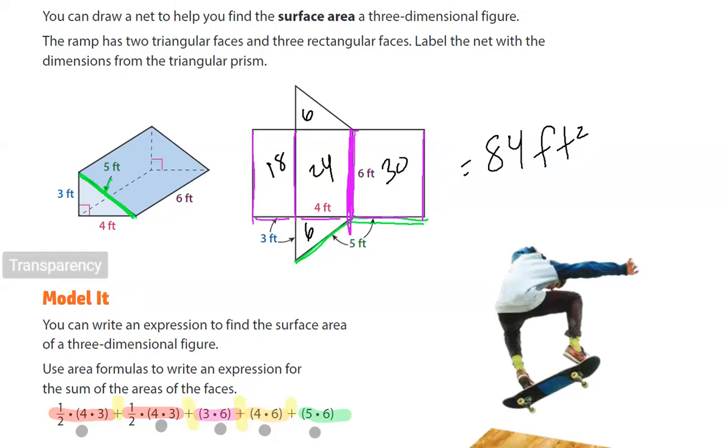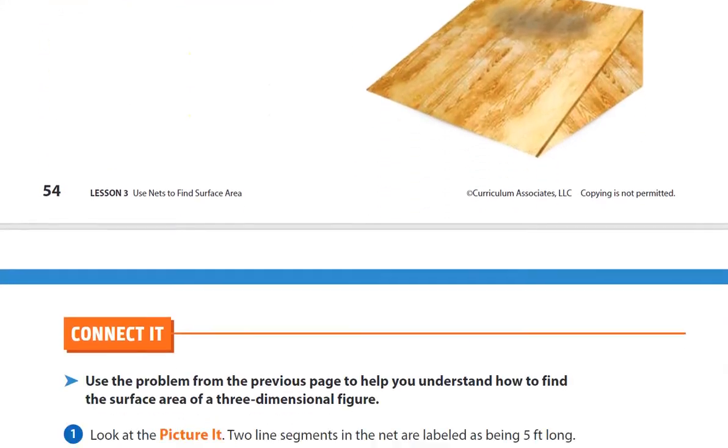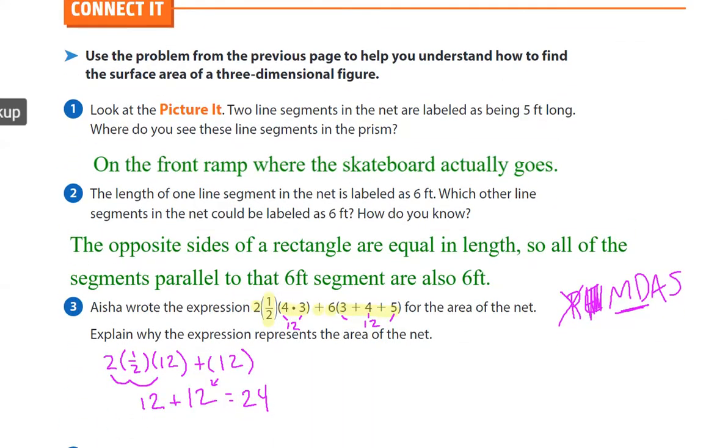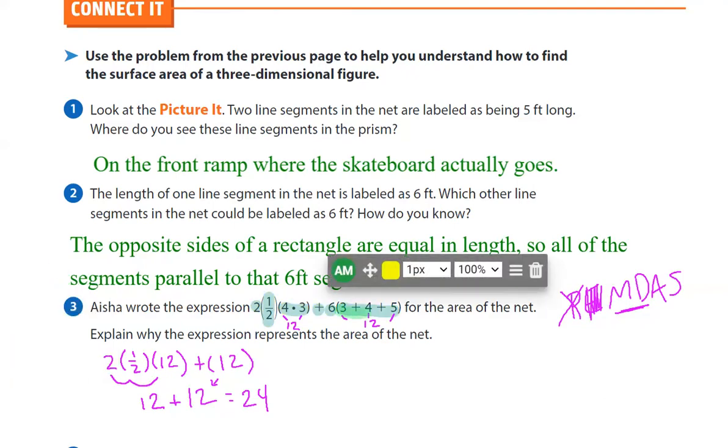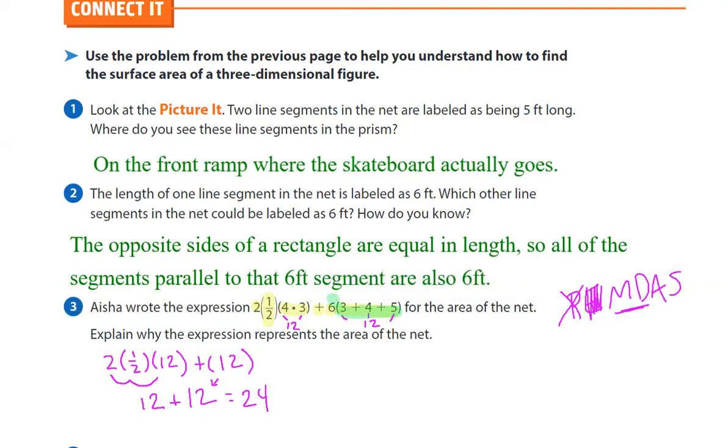So this whole area, instead of doing this area and this area and this area separately, what she did is she did the area of this times this. Because 3 plus 4 plus 5 is 12, this whole side is 12. And this side is still 6. So that's what this part represents: that whole long side times 6.